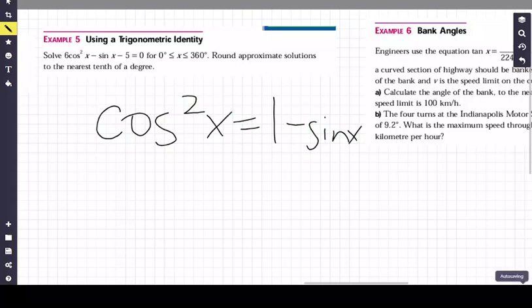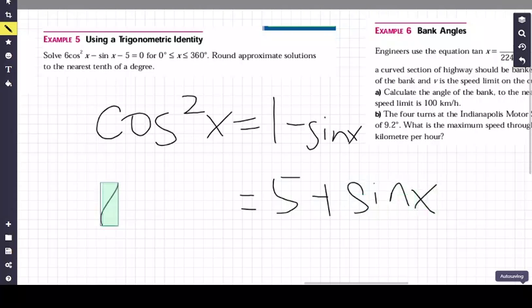So if we go ahead and organize this out, this is going to give you 6 minus 6 cos squared x equals 5 plus sine x. We want to simplify everything out first.